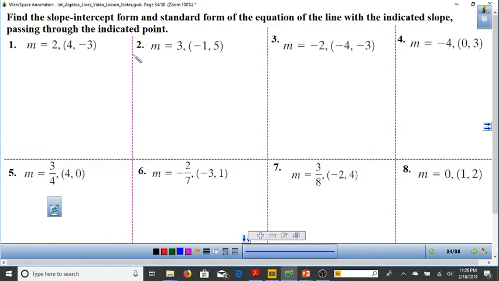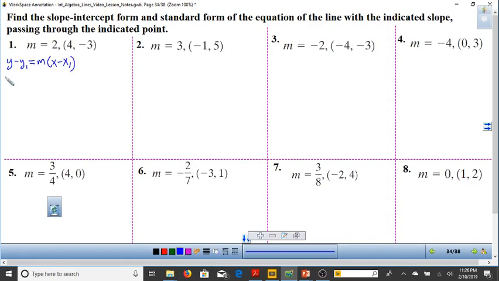So find the slope-intercept and standard forms of the equation of this line with the indicated slope. Let's do a few of these here. And again, I would recommend that you try these questions and then check your answer in comparison to mine. Since we have the slope and a point, we'll start out with point-slope form: y - y1 = m(x - x1).